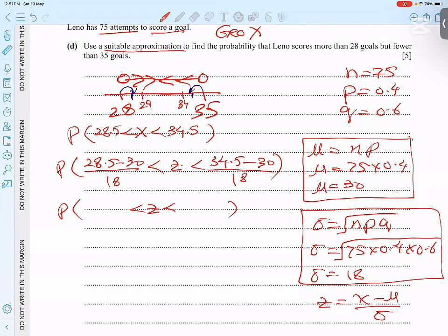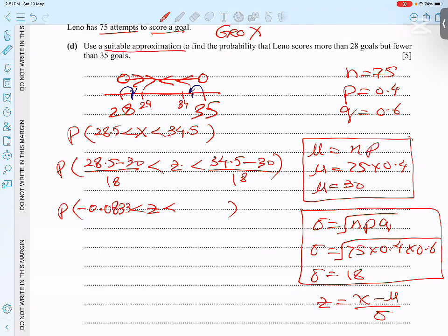Wait a minute, let me check once again: 28.5 minus 30, divided by 18.